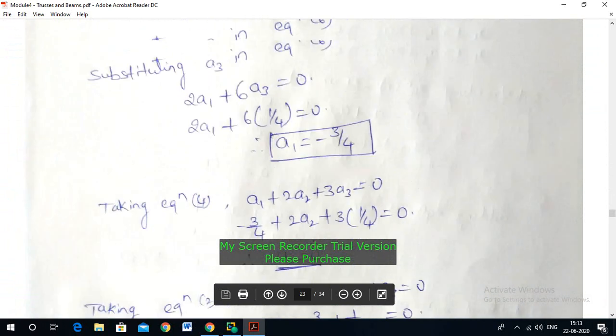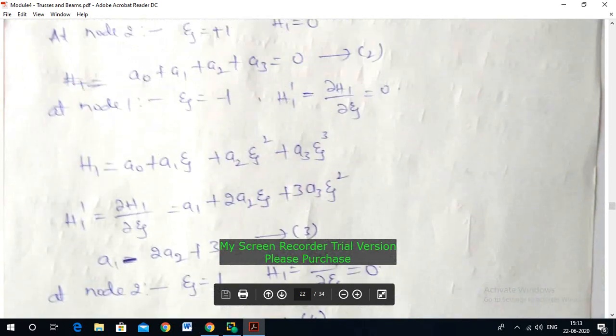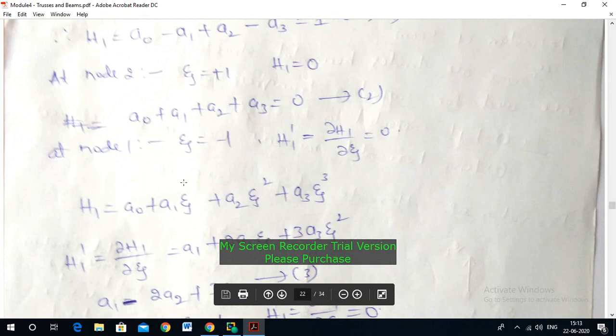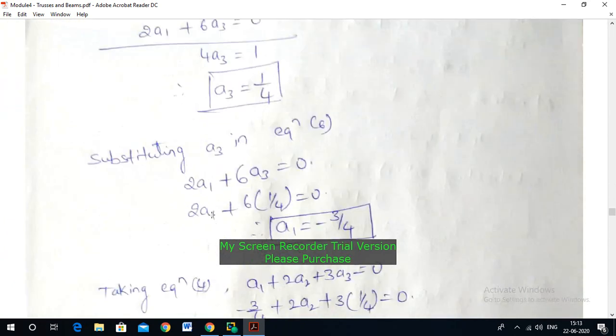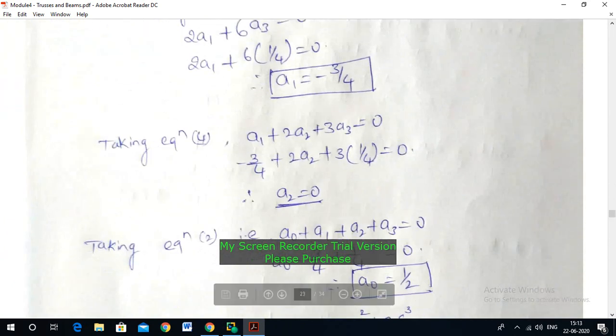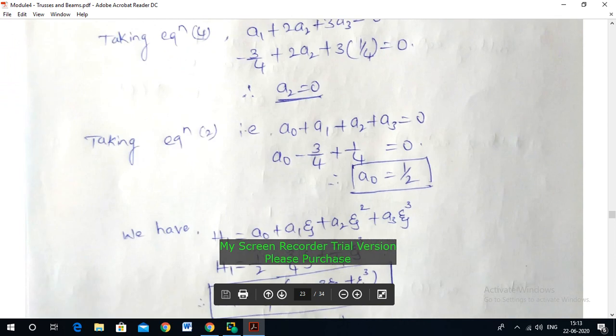From equation number 2, a0 plus a1 plus a2 plus a3 equal to 0, and a2 is 0, directly I will get a0 value equal to 1 by 2.